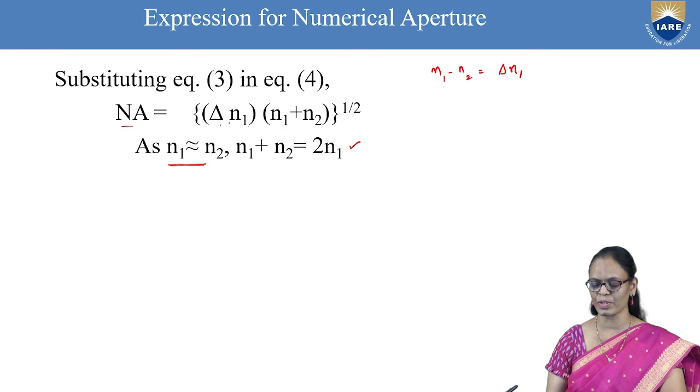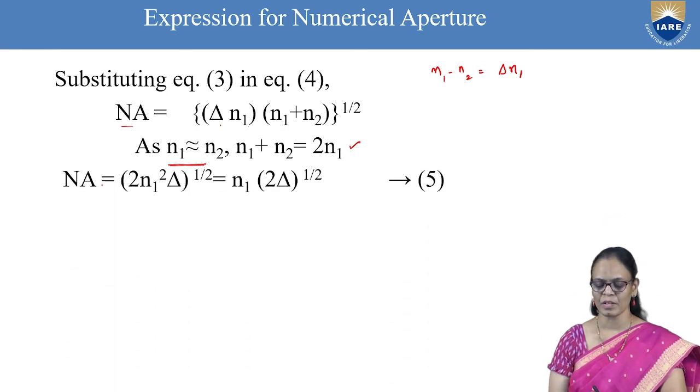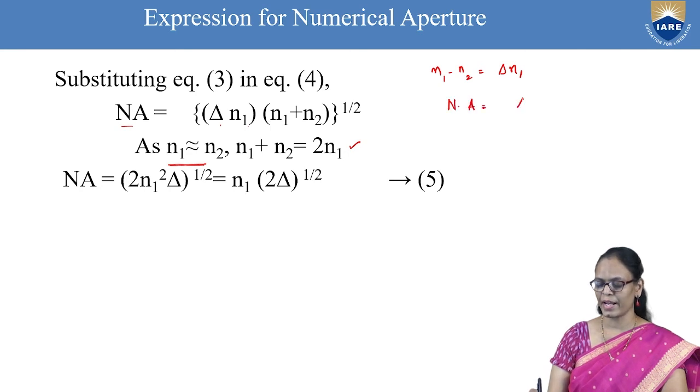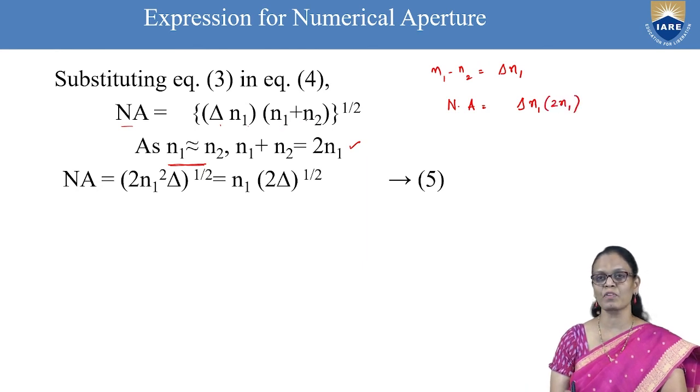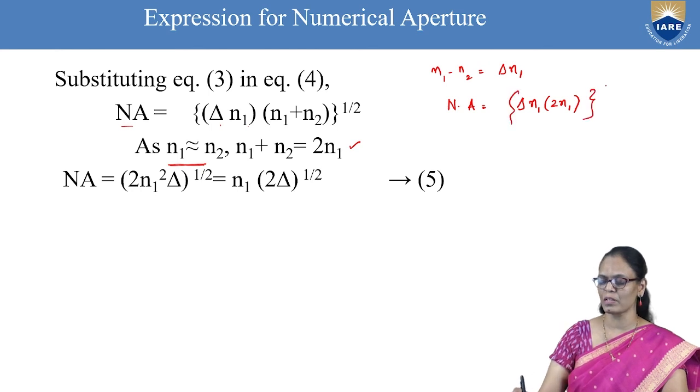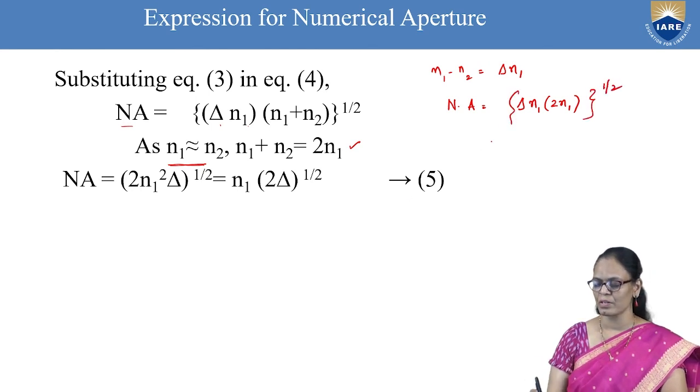So let us substitute it here. NA will be equal to delta n1 into 2n1, where for n1 plus n2 we are substituting 2n1, and this is whole power half. So we have delta n1 into n1, which is n1 square, into 2, whole power half.